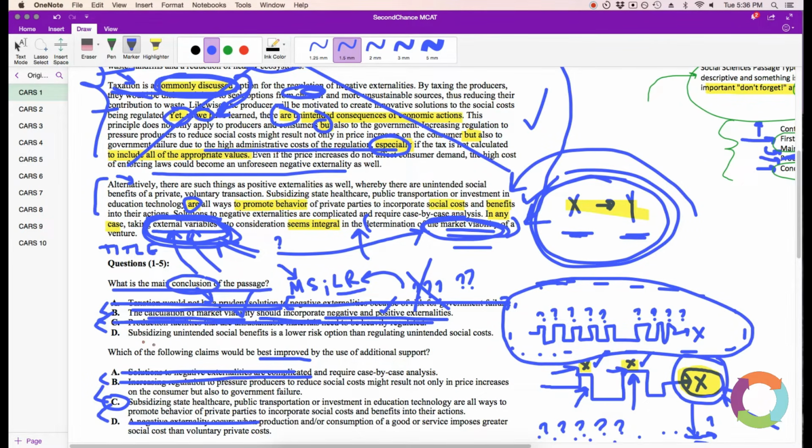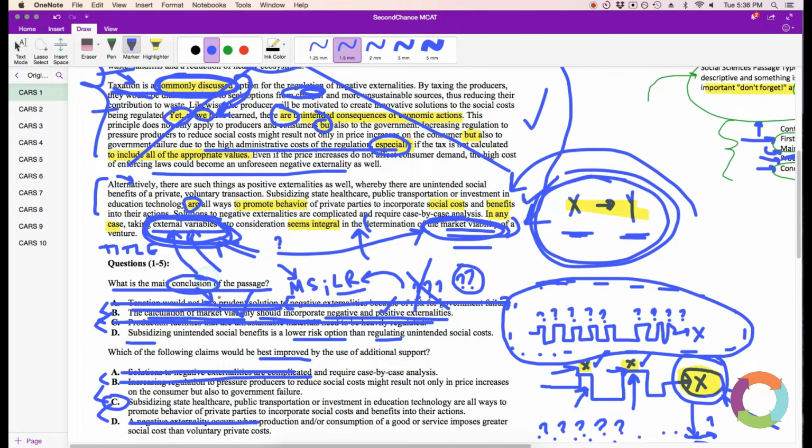So B versus D. D says subsidizing unintended social benefits is a lower risk option than regulating unintended social costs. And again, already you should feel a bit of question marks, because it's a little bit of a confusing answer choice there. And when it talks about subsidizing and lower risk options and regulations, remember, that's not what this passage is talking about.